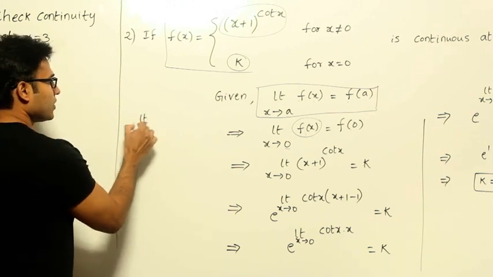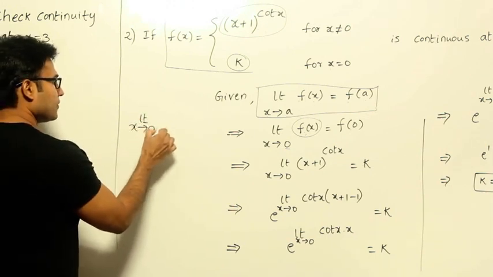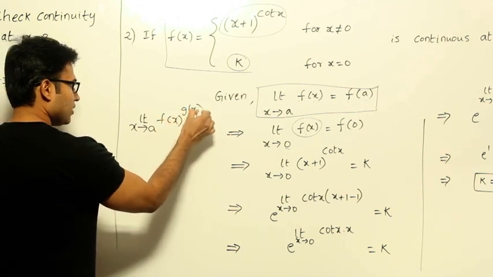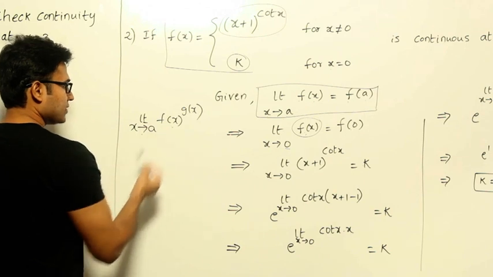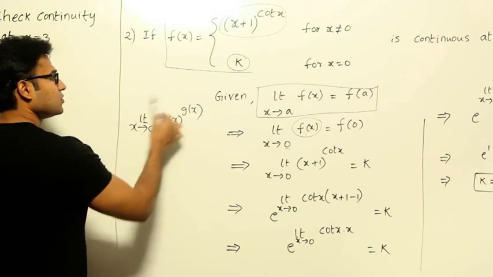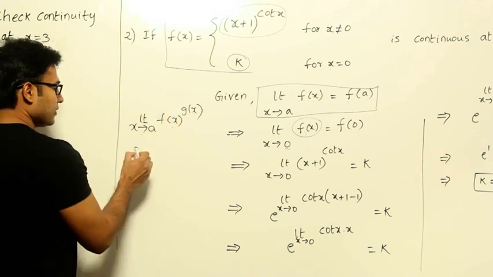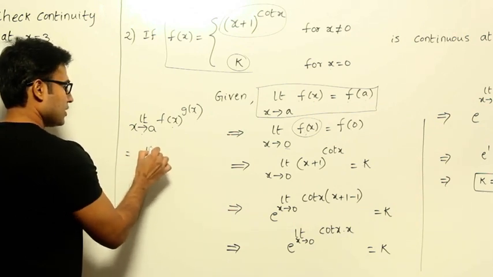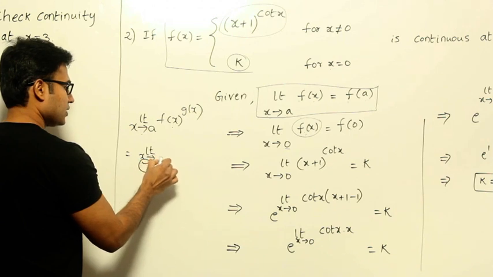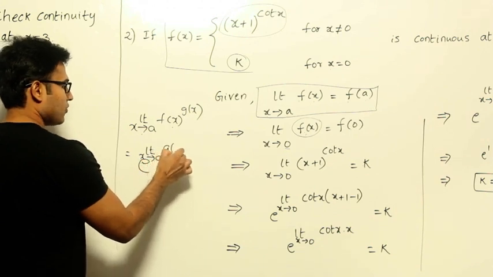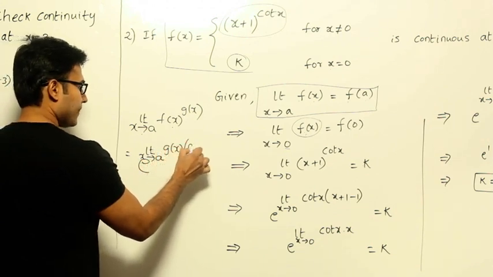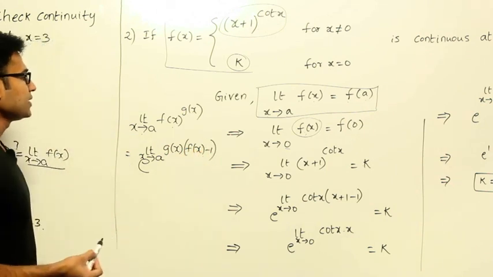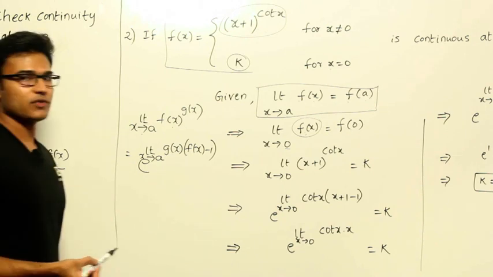If we have limit x tends to a, f of x power g of x, and if we find that substituting x equal to a gives 1 power infinity, then we could write it as e power limit x tends to a, g of x into (f of x minus 1), right?